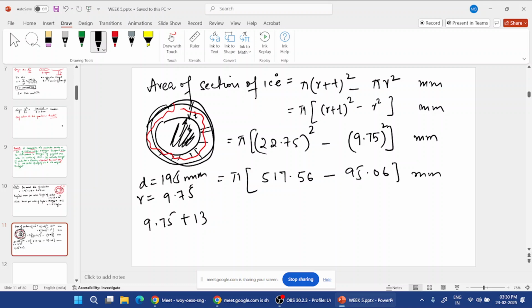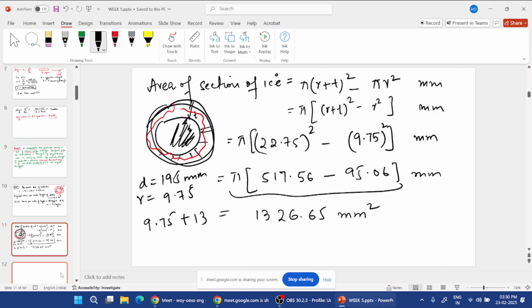Multiplying by 3.14, the whole thing comes out to be 31326.65 mm square. So this is the area of the section of ice.